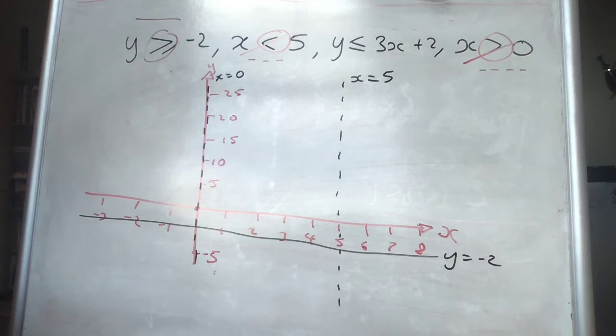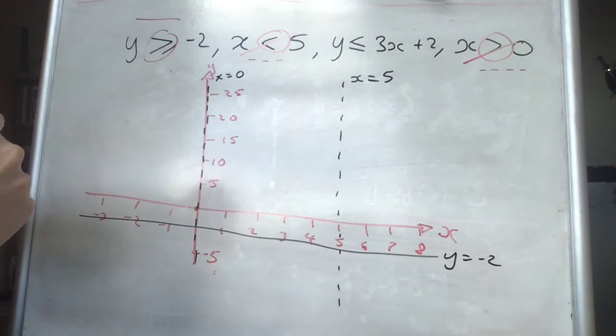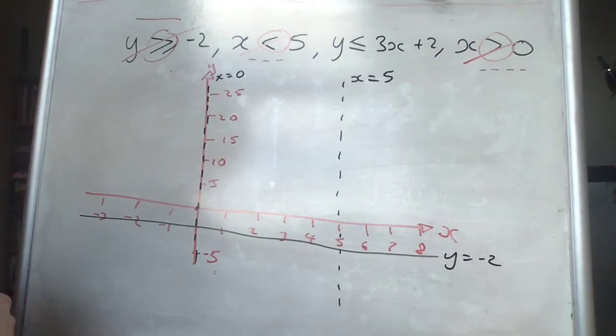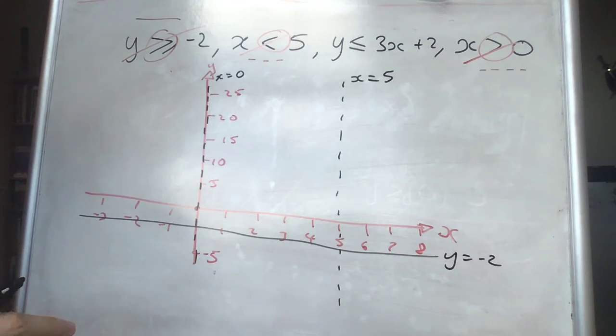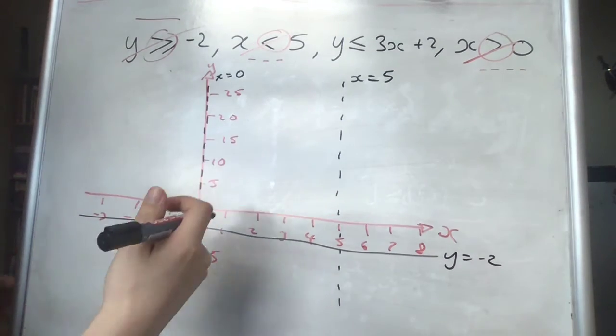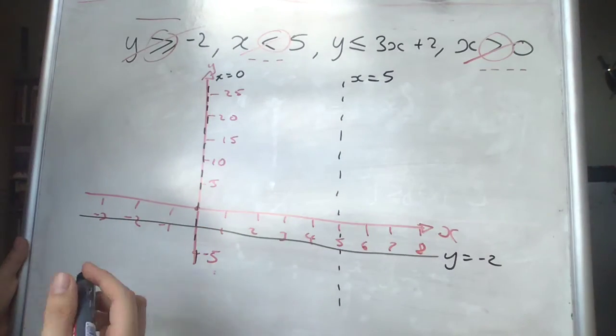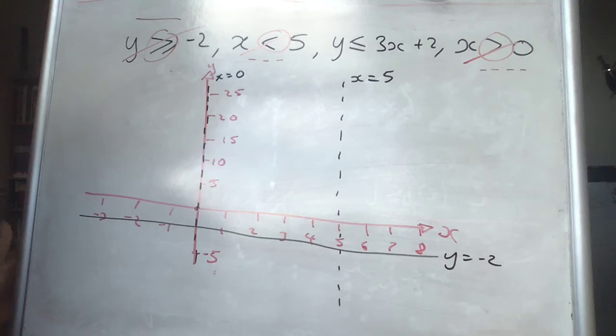And finally, we want to look at y is less than or equal to 3x plus 2. So we know that y equals 3x plus 2 is just going to be a linear equation. So if we just plugged in a couple of numbers, we're going to get 2 points, and we can just draw a straight line through them.